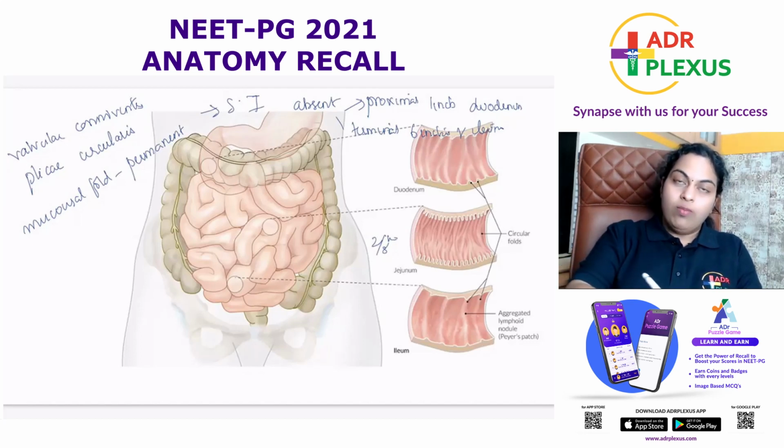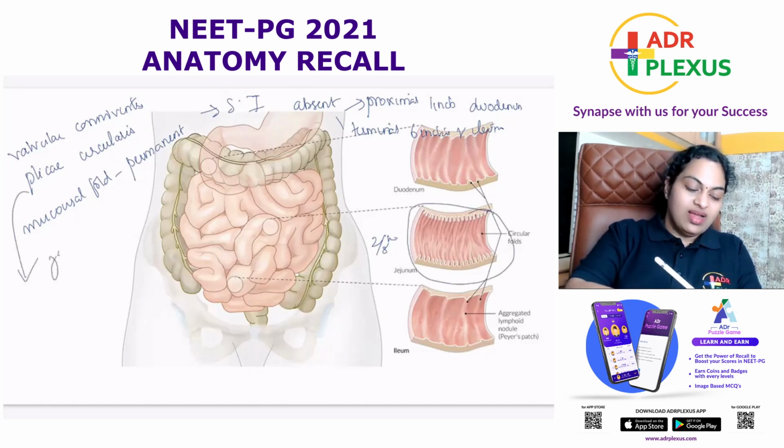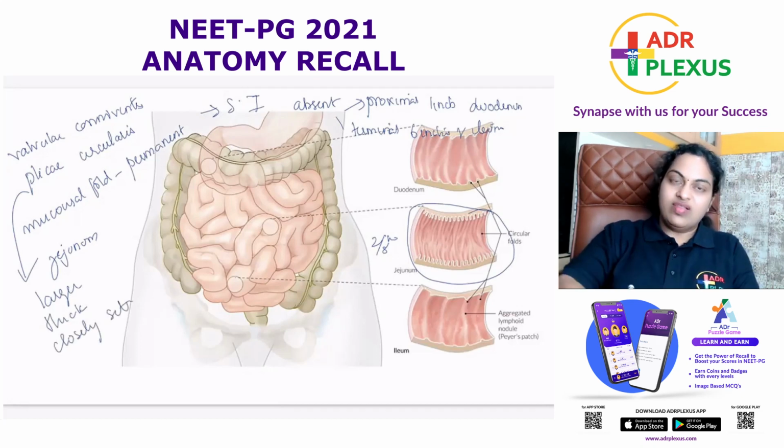Though plica circularis is present in the duodenum, except the first part, in the jejunum, and in the ileum, except the terminal 6 inches, you can make it out here. These plica circularis in the jejunum are larger, thick, and closely set.